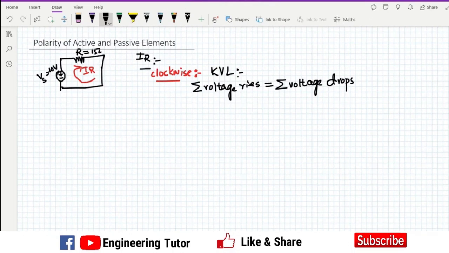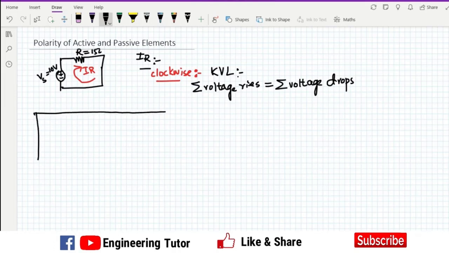Now the basic question is, what is meant by voltage drop and what is meant by voltage rise? Using our demonstration here, let us have a table.